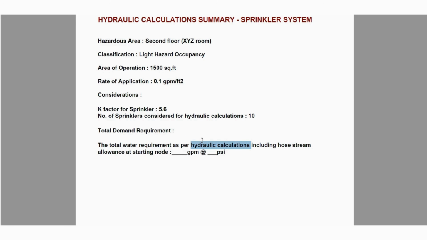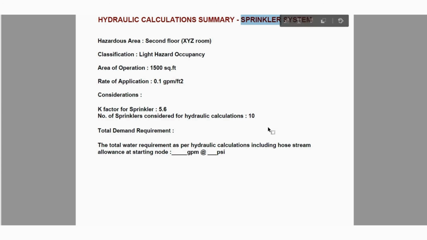Because as per NFPA 13, if it is a light hazard occupancy and we are doing the calculation for a sprinkler system, we need to add at least 100 GPM to the sprinkler demand. If it is an ordinary hazard occupancy, then we need to add 250 GPM. If the occupancy is extra hazard, then we need to add 500 GPM.